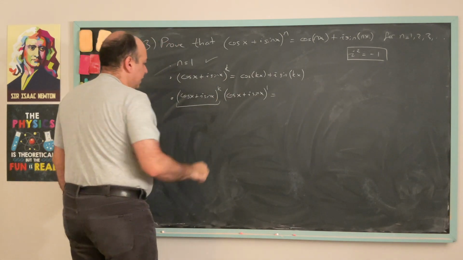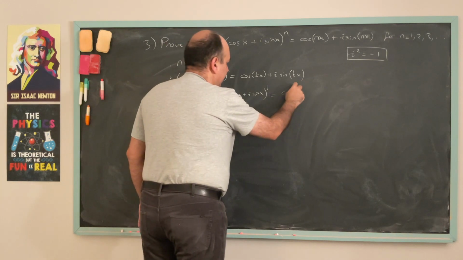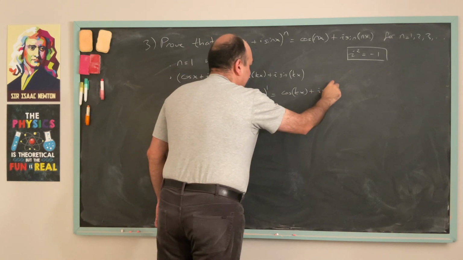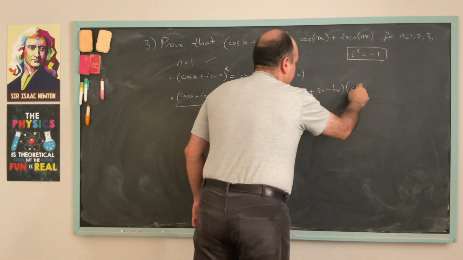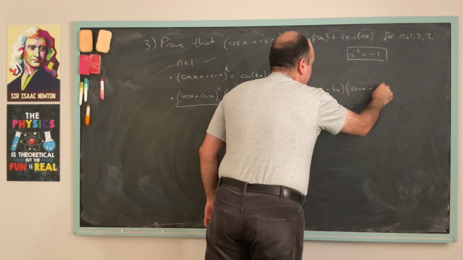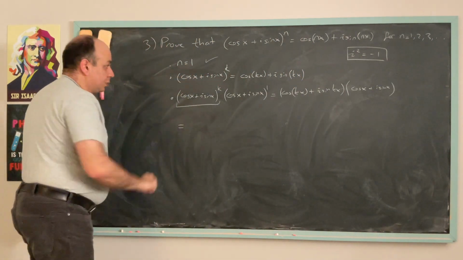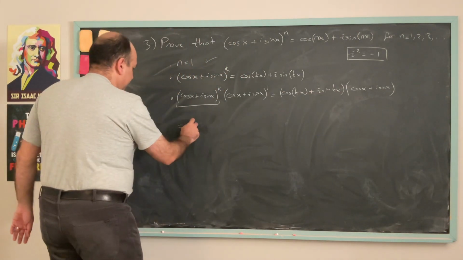So we already know that this thing here is equal to cosine kx. Let me write it down. Cosine kx plus I sine kx, right? Times I have cosine x plus I sine x. So I need to multiply them. So this is equal to cosine kx times cosine x.